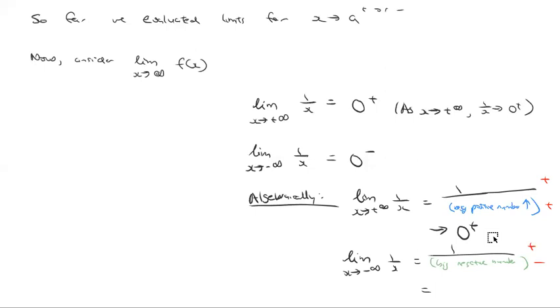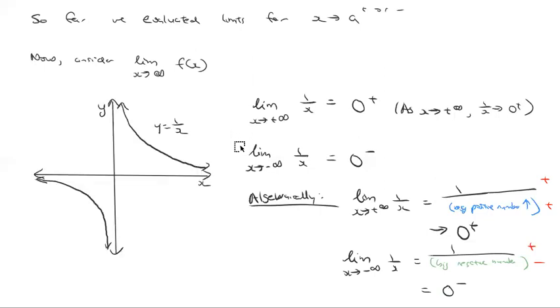But because it's 1 divided by a massive number, as big as you want, it's basically going to go to 0, but on the negative side. Does that make sense? And that, therefore, ties in with our graph. Are you guys happy with that? Yeah. Okay.